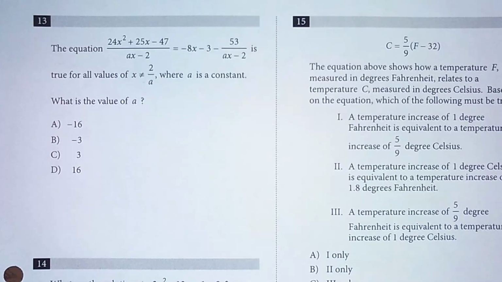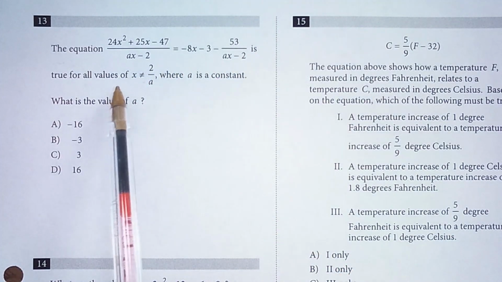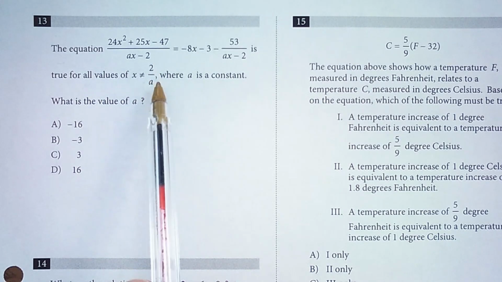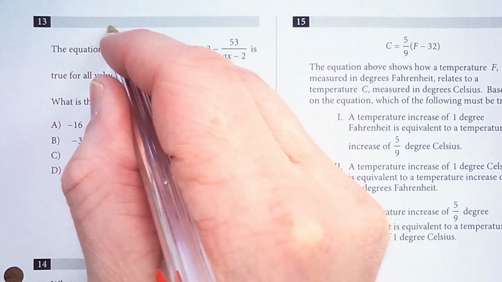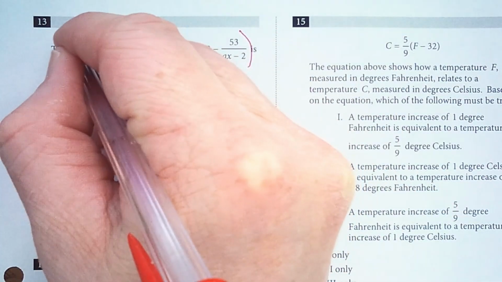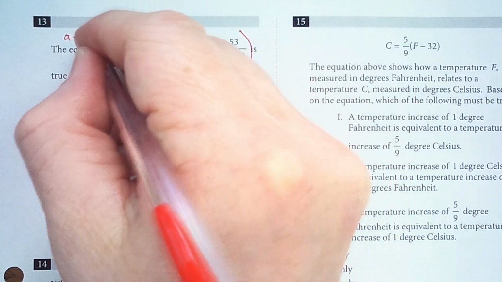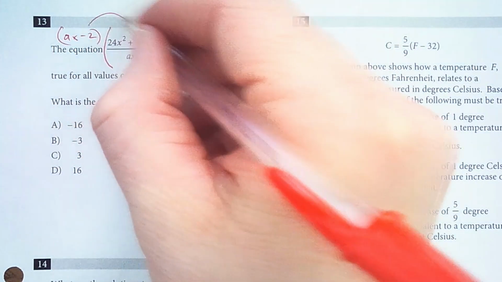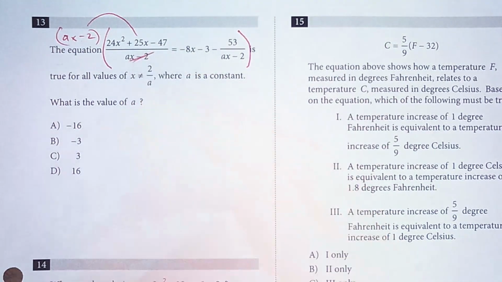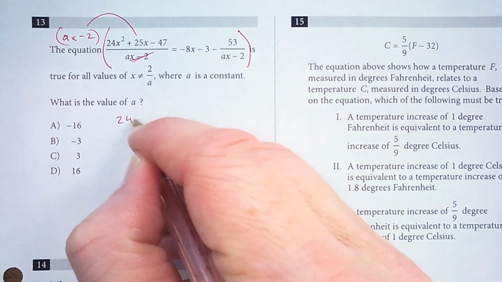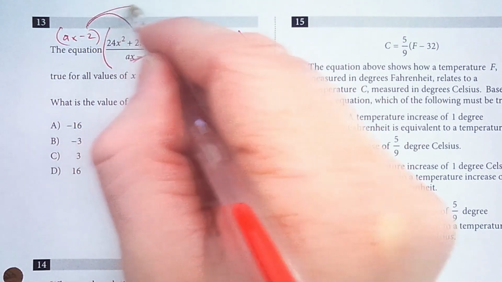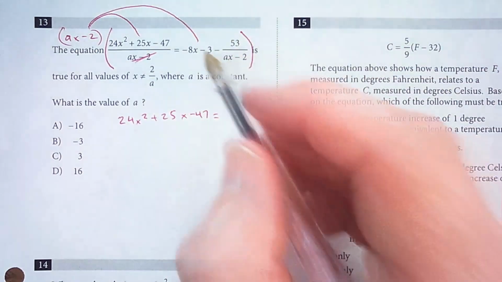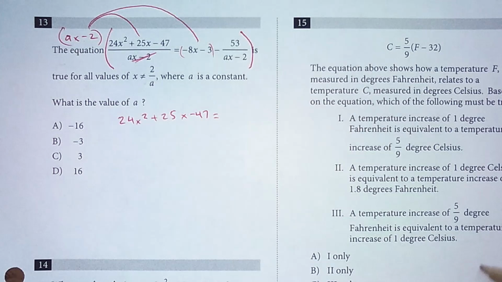For number 13, this equation is true for all values of x that are not 2 over a, where a is a constant. What is the value of a? Now, to solve this equation, I would multiply the entire thing by the denominator ax minus 2. When I distribute that here, these will cancel. So I'm left with 24x squared plus 25x minus 47 equals, when I distribute here, in this part it does not cancel.